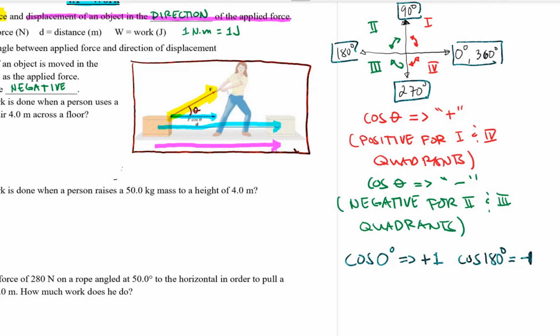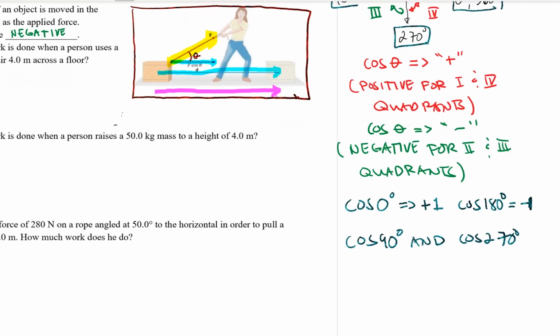And then cosine 90 degrees and cosine of 270 degrees both give you 0.